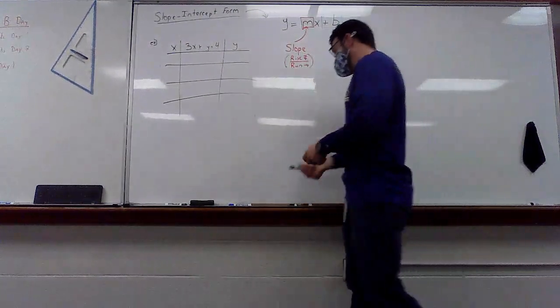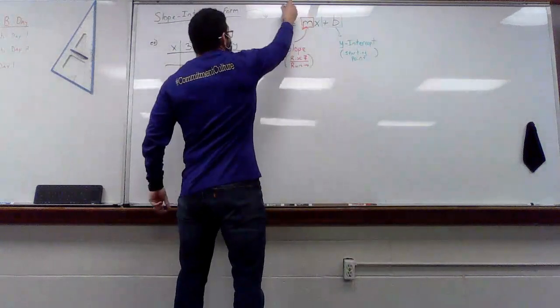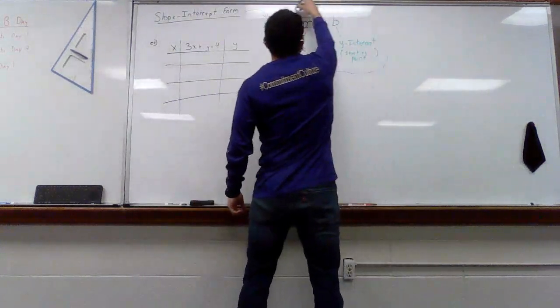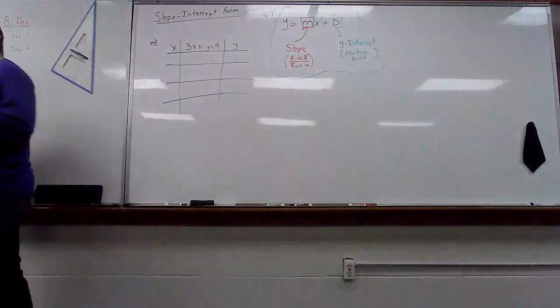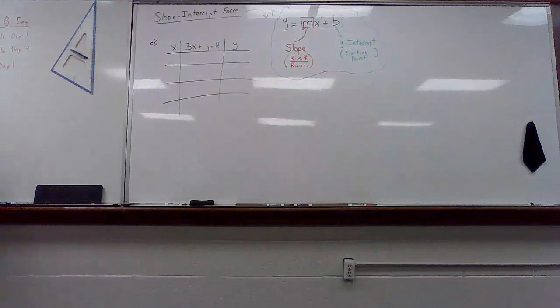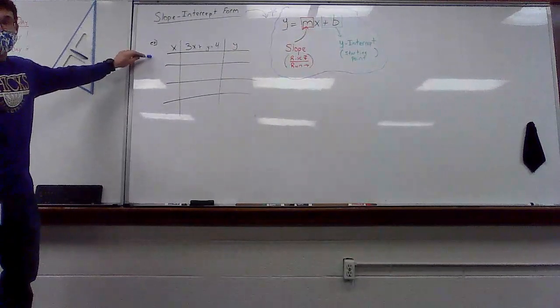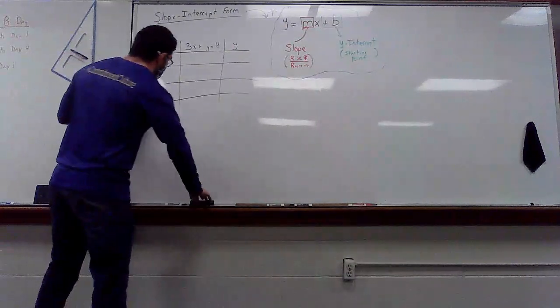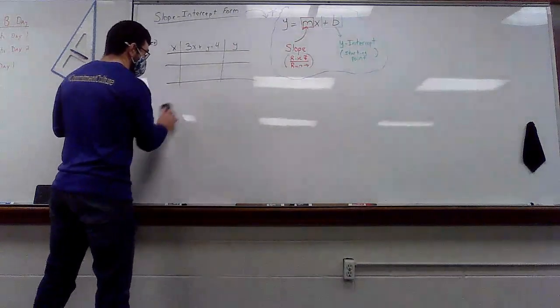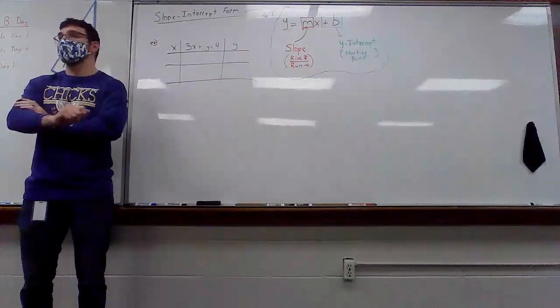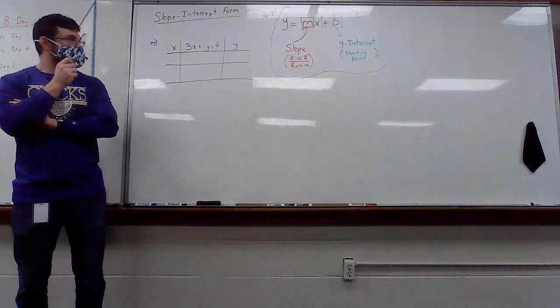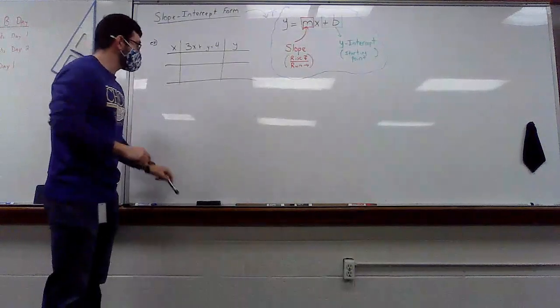I cannot state enough how important slope-intercept form is. Okay, so we're still going to use this example, but we're only going to do 3 points. We're going to find some things here. It would help if I put 3 up there.